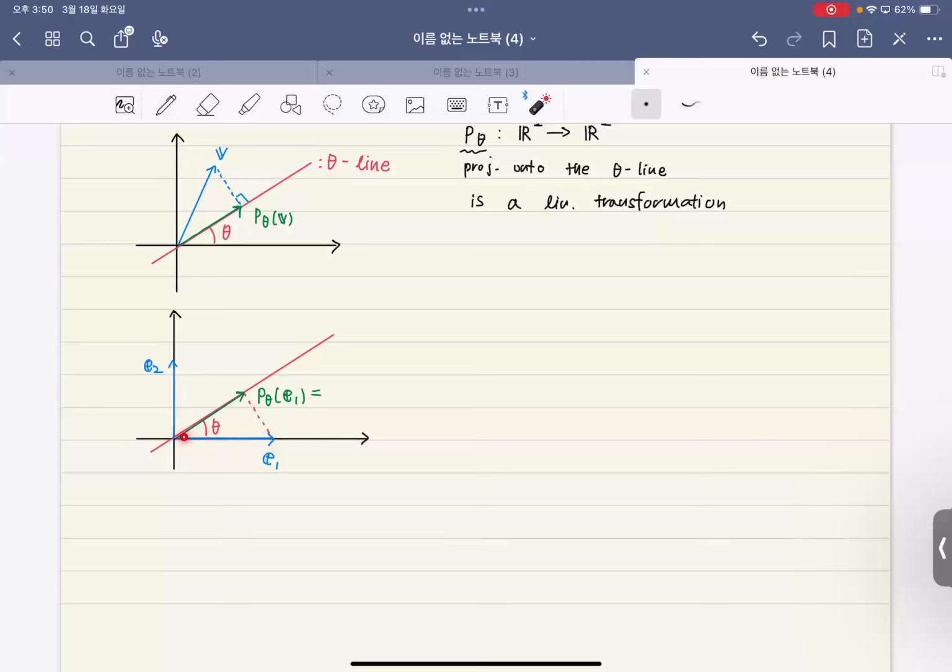Therefore, the length of this vector must be cosine of theta. So this is actually cosine theta times (cosine theta, sine theta). Okay.